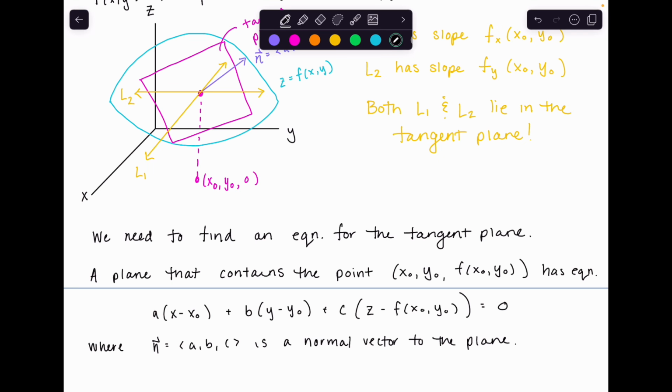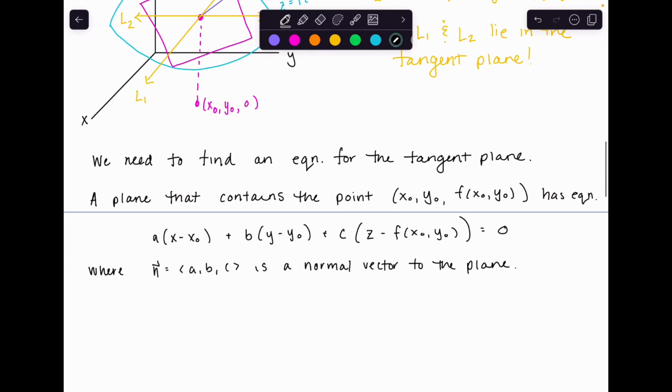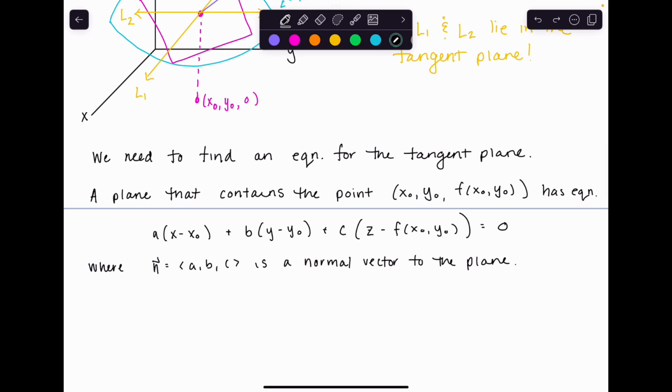What I want to do is just rewrite this so it's a little bit nicer. So I can go ahead and move this to the other side, or I can move both of these over, doesn't matter. So this can ultimately be rewritten as the following.